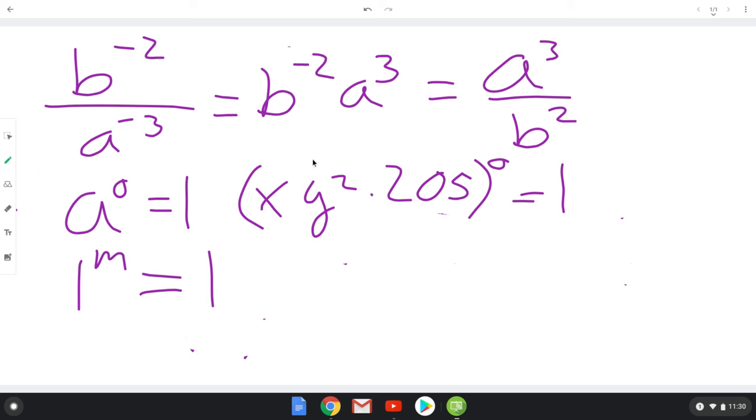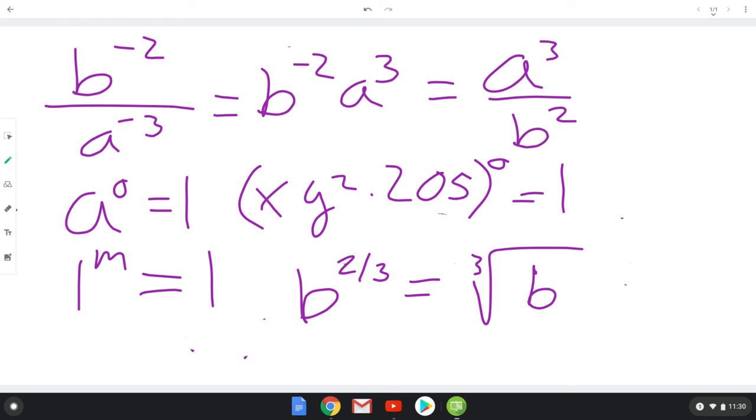The other big concept that we've talked about is what happens when you have a fractional exponent. If I have b to the 2/3, for example, remember that that's the same as having a cube root of b squared.